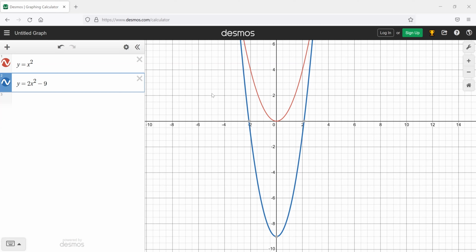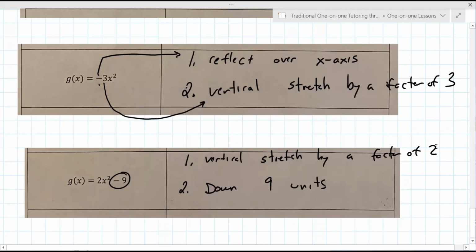So let me go back and share the math lesson, the other screen here. So there again, there's two things happening. It's a vertical stretch by a factor of 2. That's this 2 right here. And then this -9 is down 9 units.